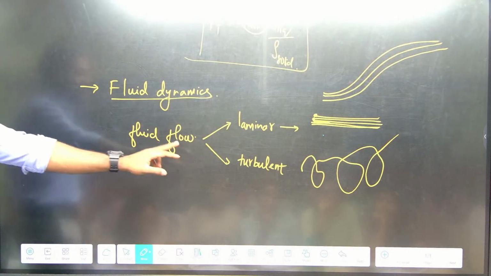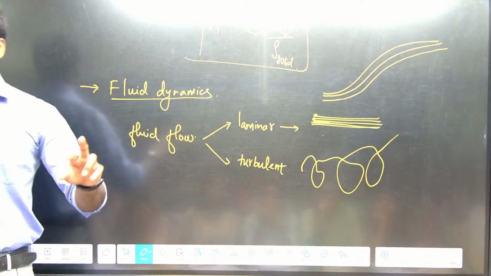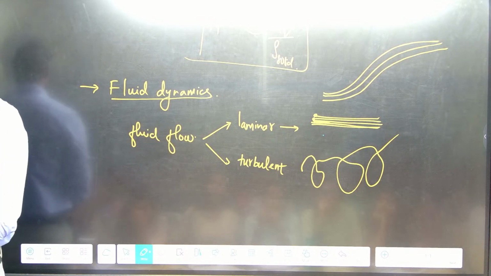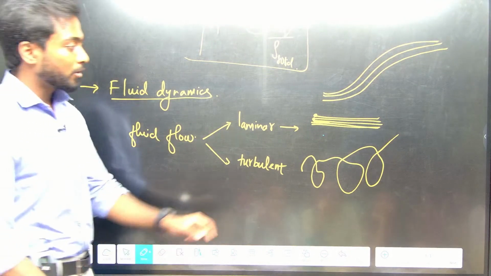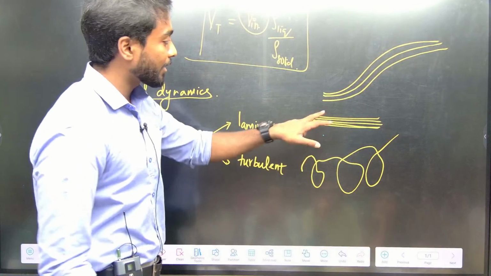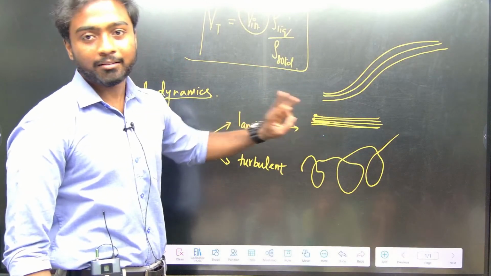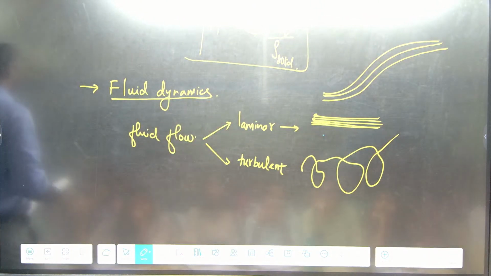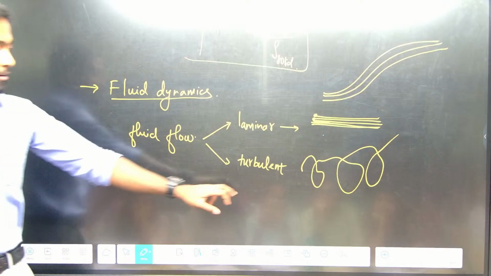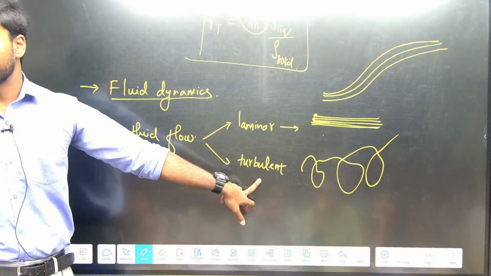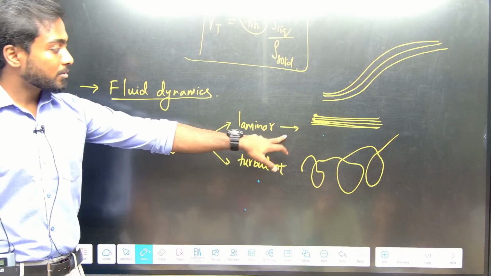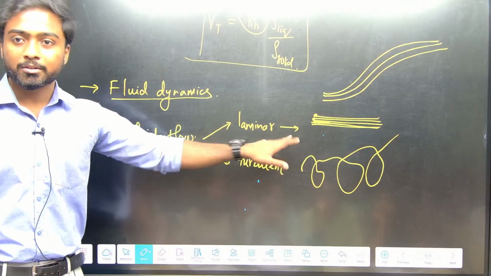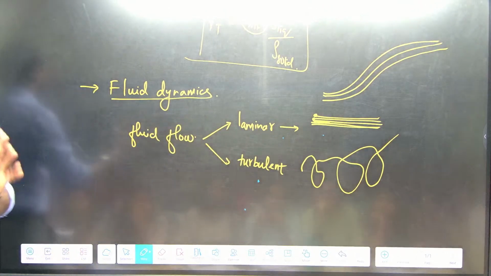But turbulent will keep on disturbing the other particles. If the first layer has some particles, the second layer some particles, and the third layer some particles, and the first particle keeps disturbing the second as well as the third particle, then it is a turbulent flow. You only need to know the difference between them.